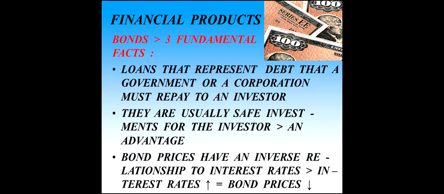But I will be in the Course Resource Center discussing the reselling of bonds, and that discussion really clearly illustrates this inverse relationship that bonds have with interest rates. So don't miss that explanation of how bonds are actually resold in a secondary market.